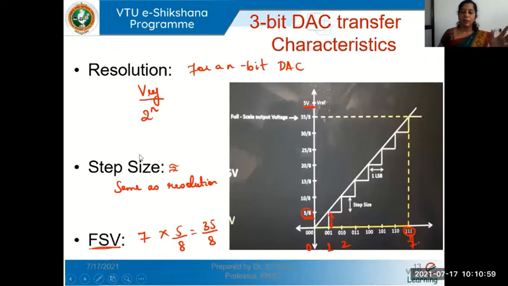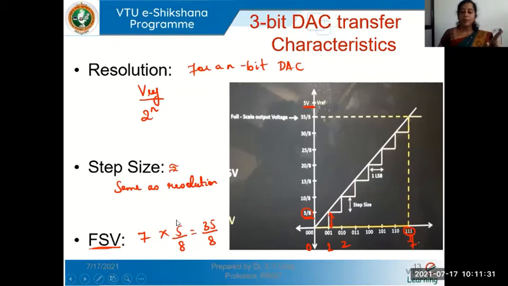And we saw what is meant by full scale voltage, and I showed you that the full scale output voltage will always be one step less than the reference voltage. If I give a V reference of 5 volts, the maximum analog output, or the full scale output voltage which you are going to see, will be, say, the maximum count for a 3-bit DAC binary count will be 111, corresponding to a numerical value of 7.